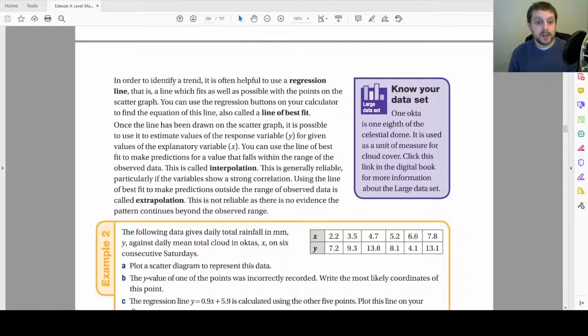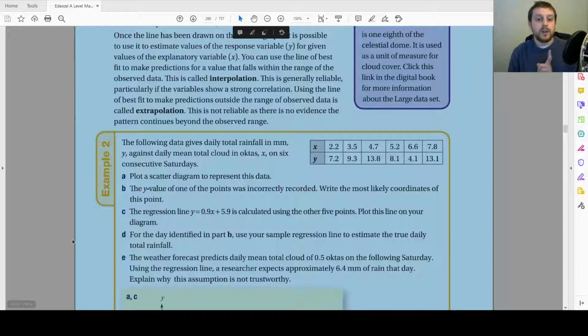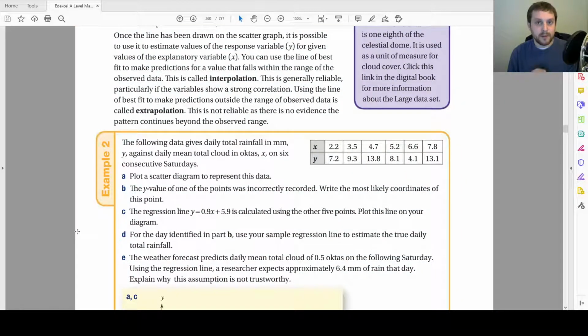What you will be asked to do is, given a regression line, so you would be given the line of best fit in the format y equals mx plus c, and then you would use that to make estimates, right? So if you are within the data, it is called interpolation, and if it goes beyond the data, that's called extrapolation.